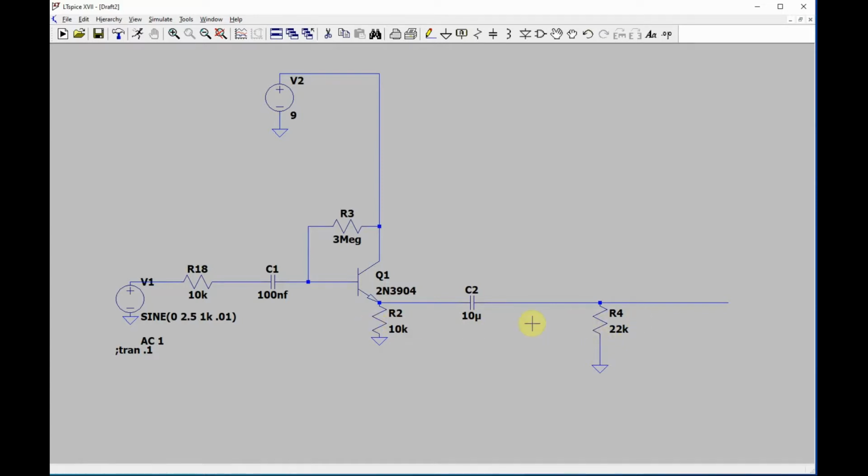And I usually at least double it, or you should go as high as you can. In a way, it sort of defeats the purpose: you say it's a super low output impedance, yet you can't even run it into 10K without it clipping. Well, it's just because it's a really big signal.